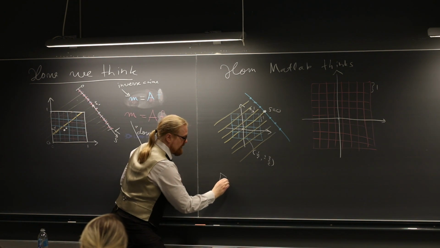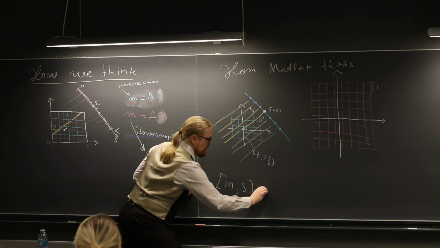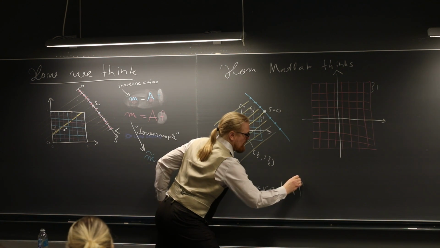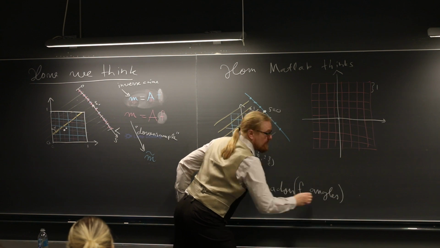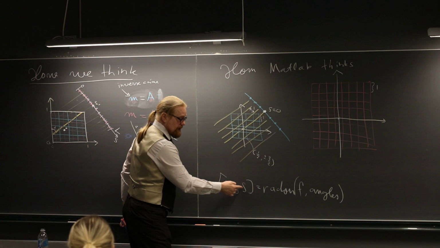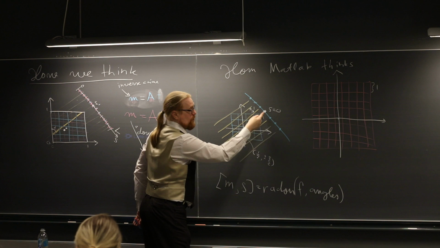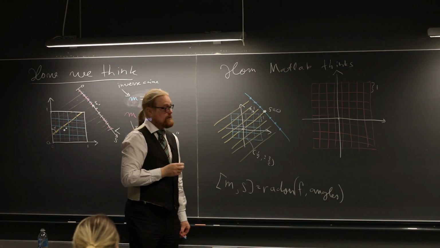We took the sinogram and S equals radon F and the angles. Remember, we wrote this in MATLAB. So the S vector here is the vector of the coordinates along this detector. That's what the S is.